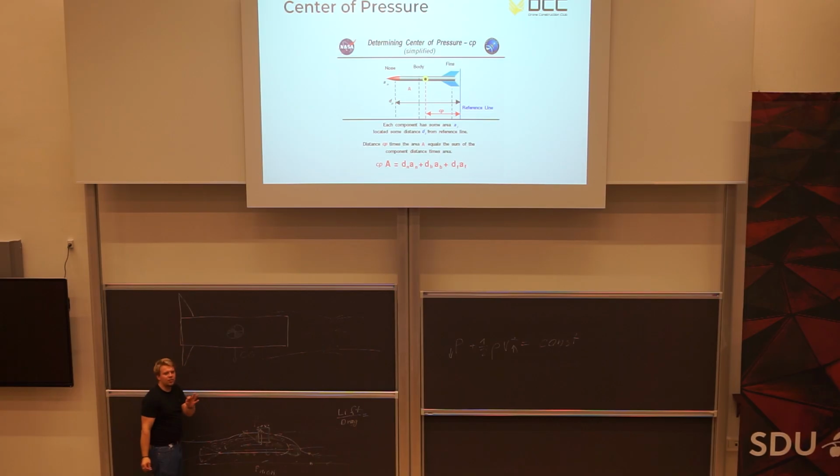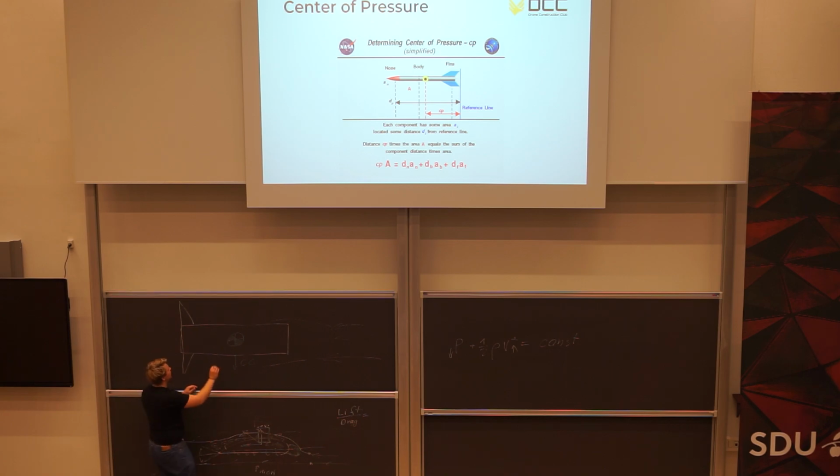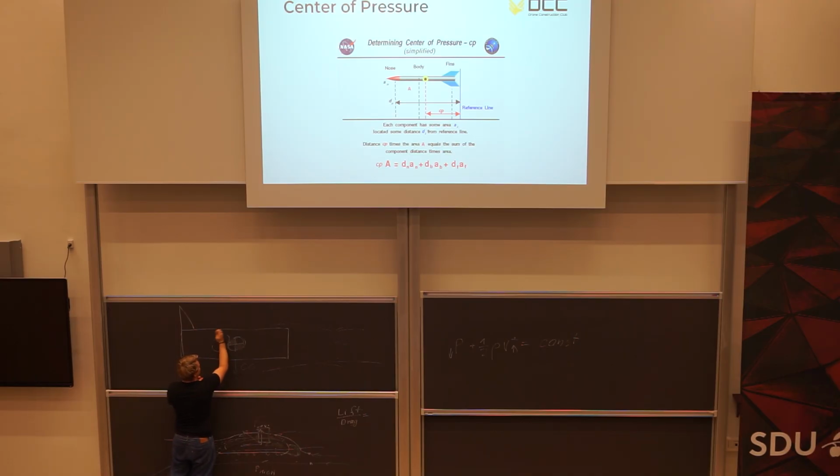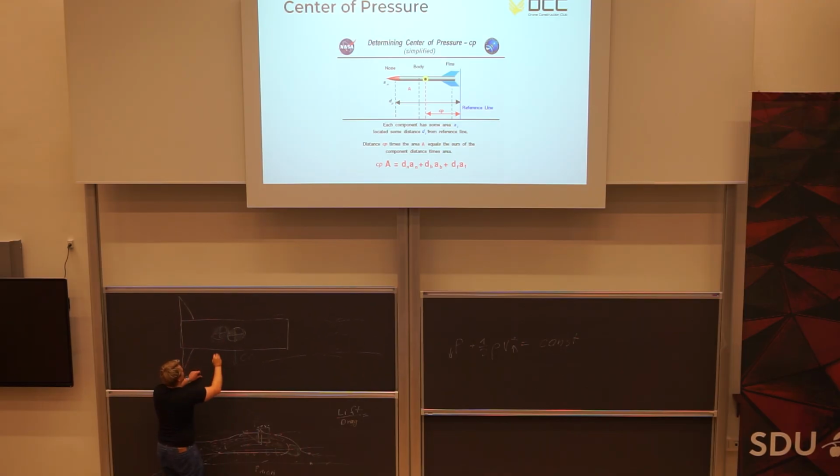If CG was right in the middle, and let's say the fins weigh nothing, the center of pressure, and I'll redraw the CG in white, is going to be a little bit behind, because there is definitely more surface on the left side than on the right side. So that's your center of pressure. CP.